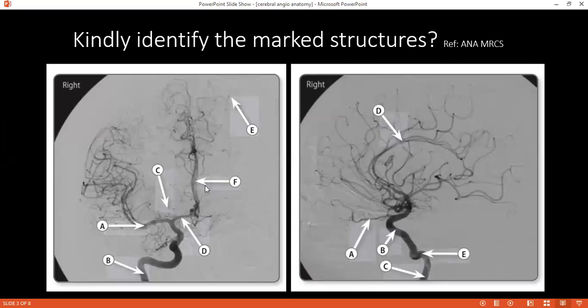Okay, we'll move on to the next one. Yes, D will be posterior communicating arteries. Okay. Moving on to the right-hand side image.